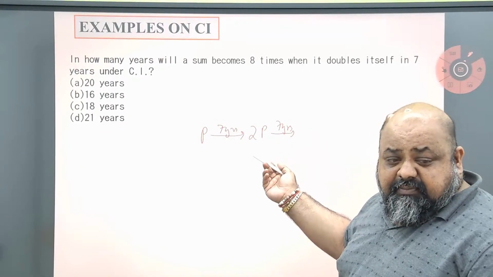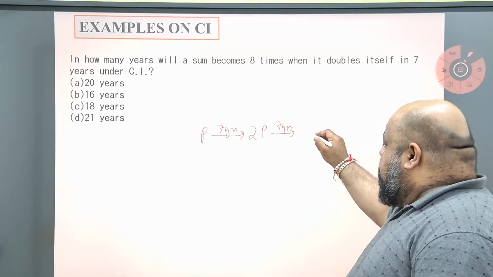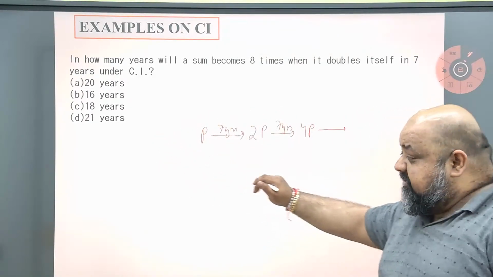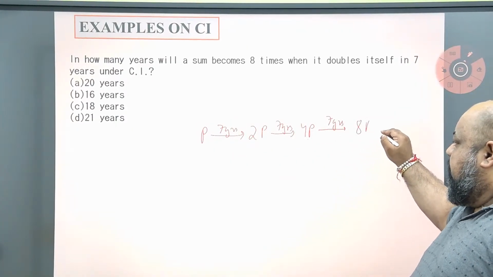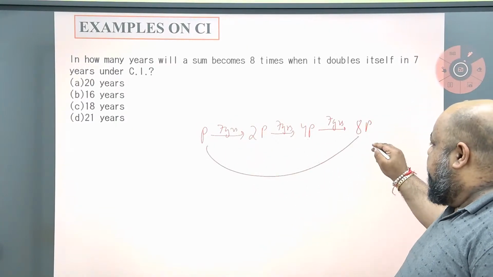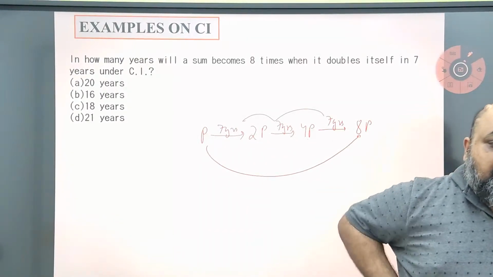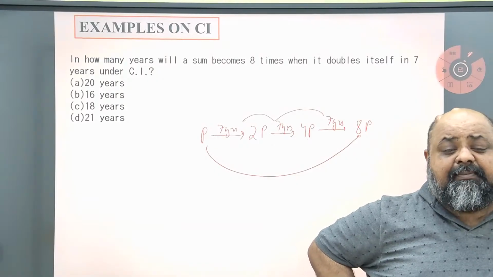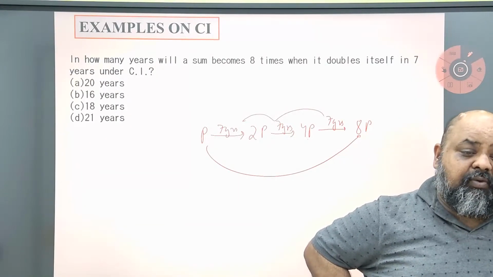That is what happens in compound interest. For the same period of time, the multiplier will be the same. So it becomes 4P. And if I forget all of this and say I'm starting from here, in 7 years this should double. So from P to 8P, I can go in 7 plus 7 plus 7, 21 years. So for a given period of time, the multiplier for the principal is the same in case of compound interest.